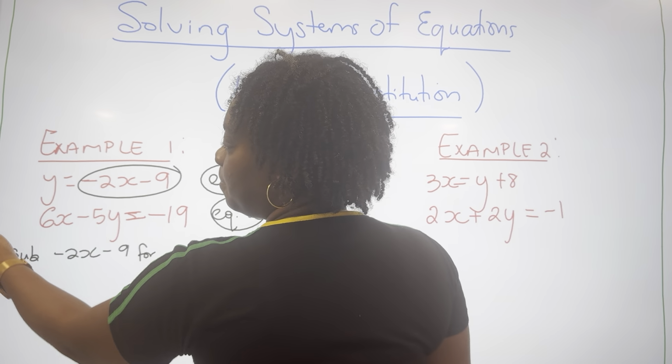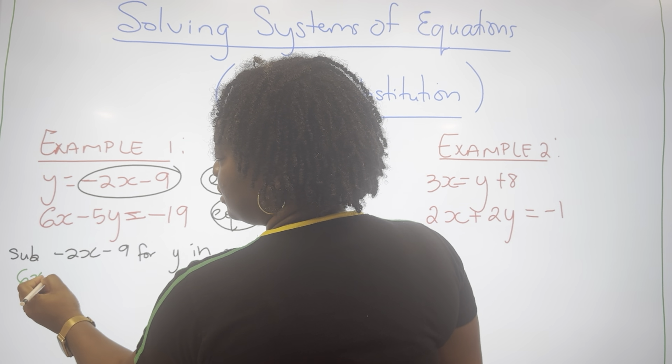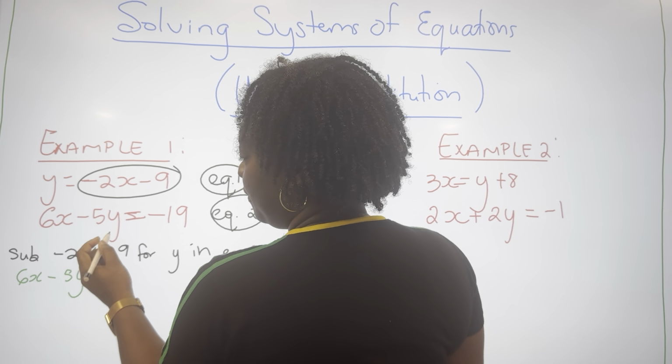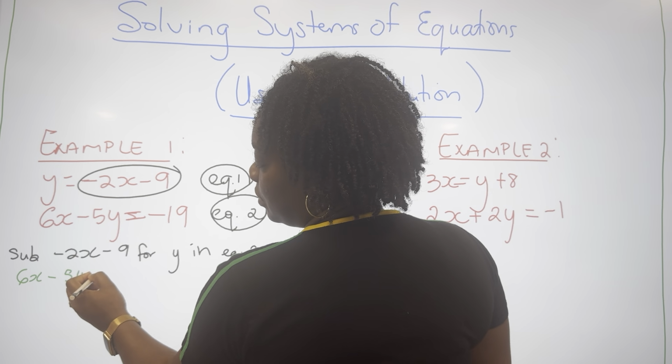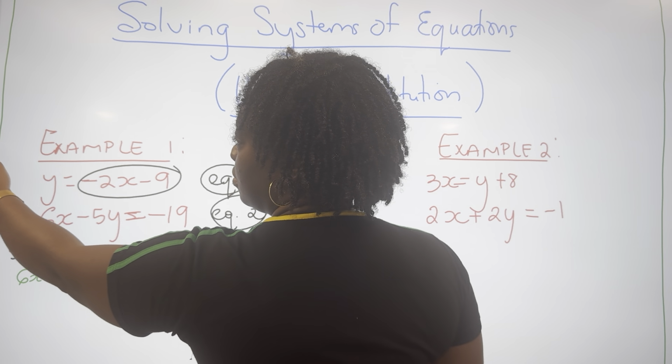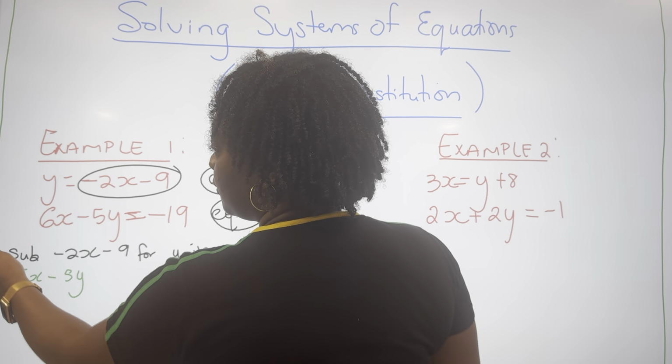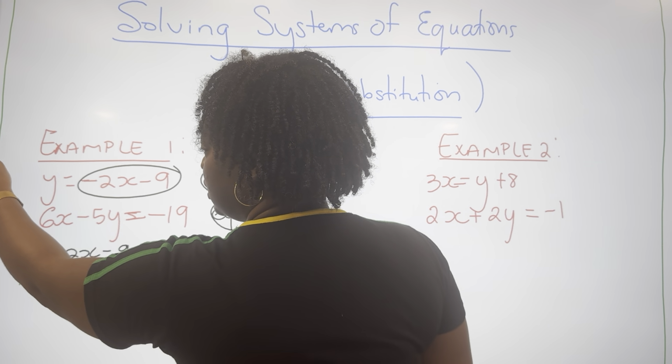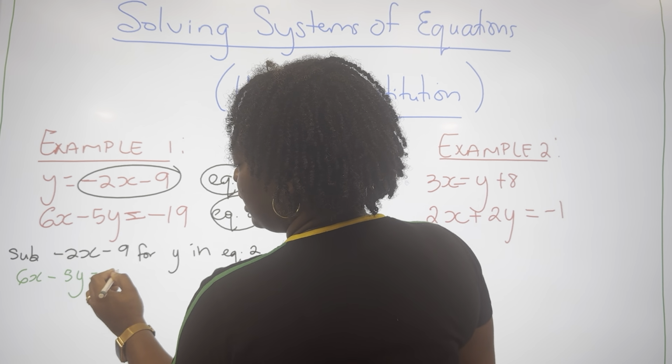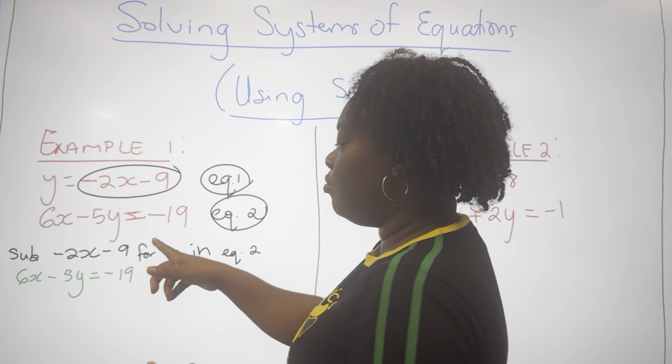So let's go. So 6x minus 5y is equal to negative 19. And remember, we're subbing negative 2x minus 9 for y.